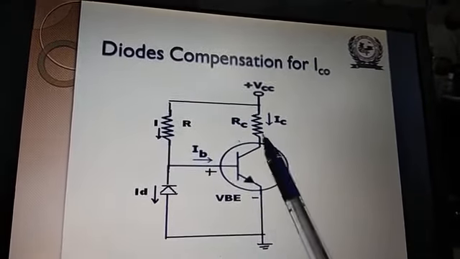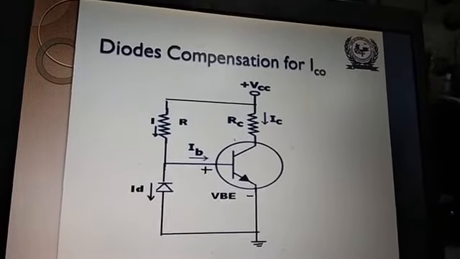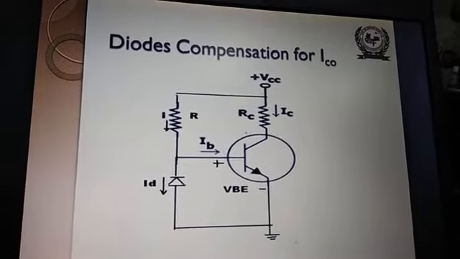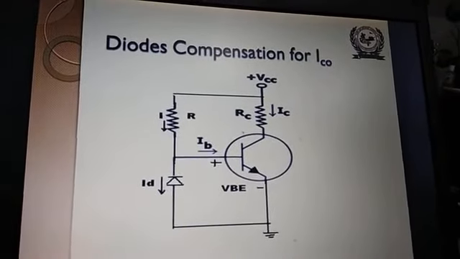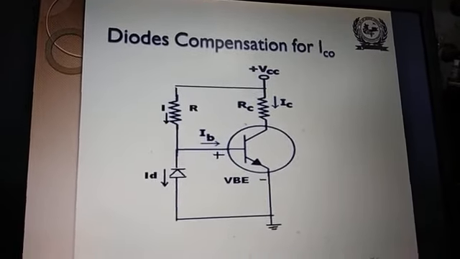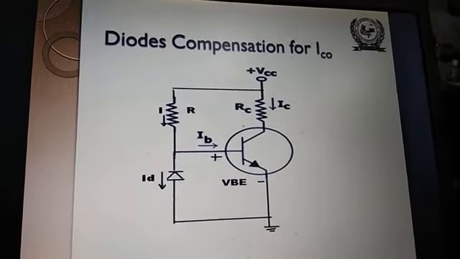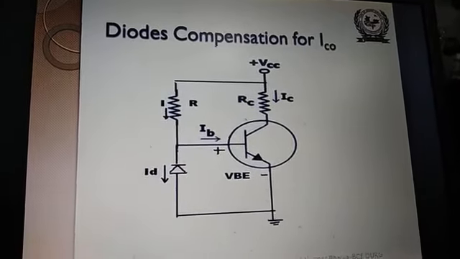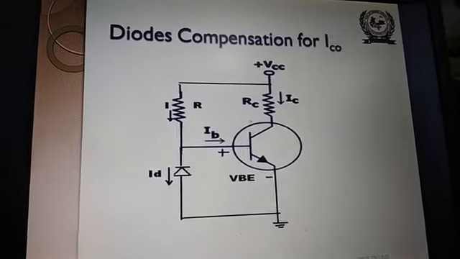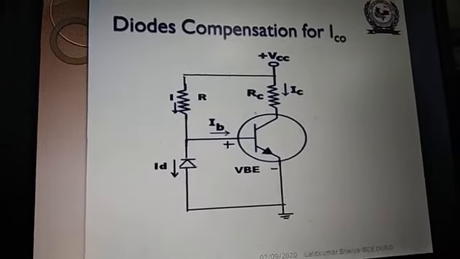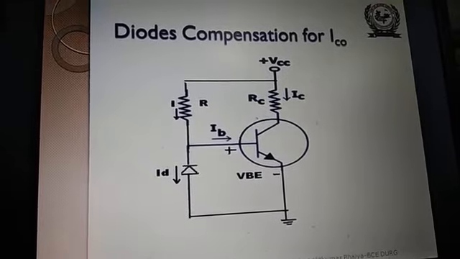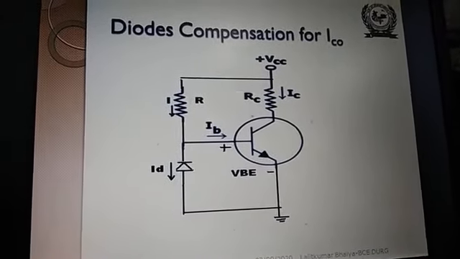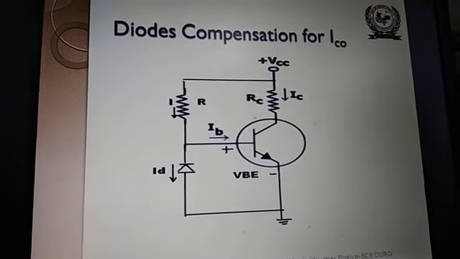So if ICO is compensated, then there is no increase in the collector current IC, and hence no increase in the heat at the collector to base junction, and the transistor will be safe from damage. So this is also an important part of the compensation. So you can avoid the thermal runaway by using this.